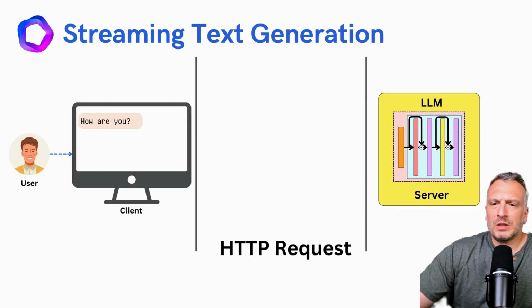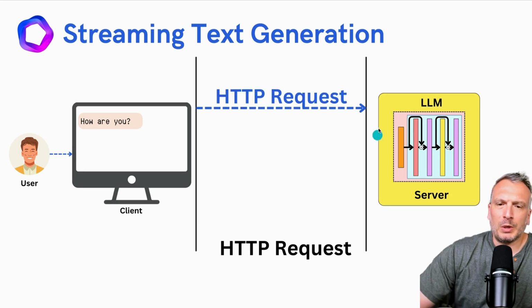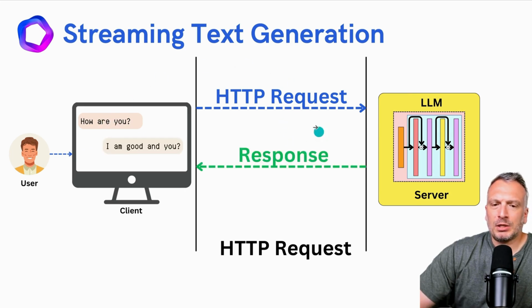So what are the different strategies to enable streaming when you are building a large language model application? Well, the first and most common option is the HTTP request. Let's see if it is a good option. We send the request, "how are you", to the LLM, and the LLM sends a response.